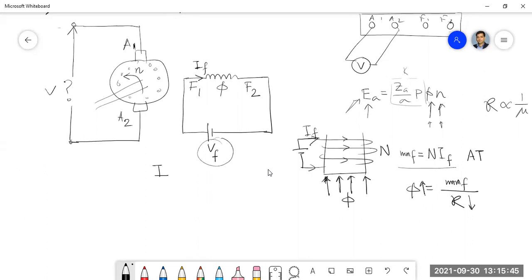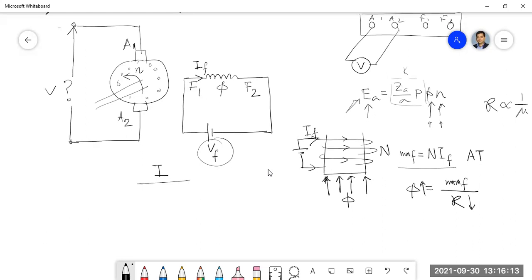Suppose my machine is a 110 volt machine. So the generator should generate 110 volts. But for that, I need another 110 volt source or maybe another 50 volt source, which will make current flow through the field coil. That is the technique, the process of field excitation.